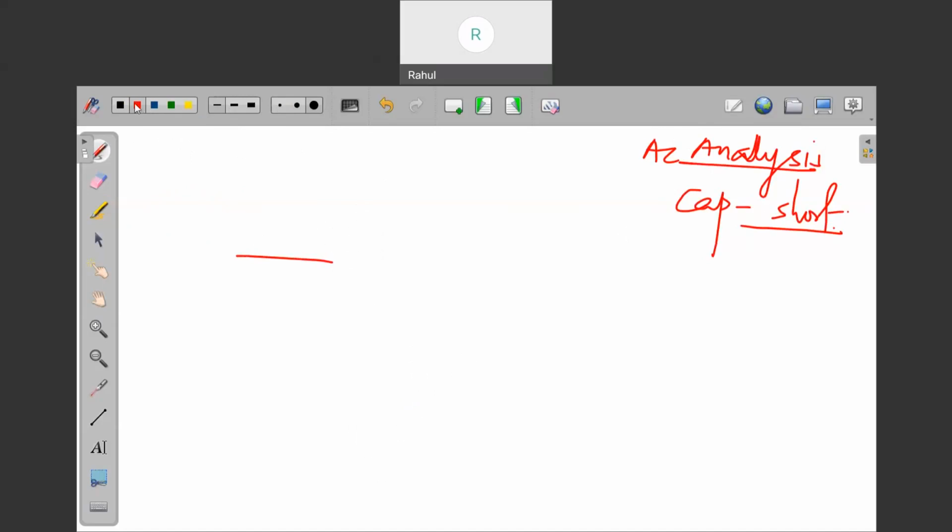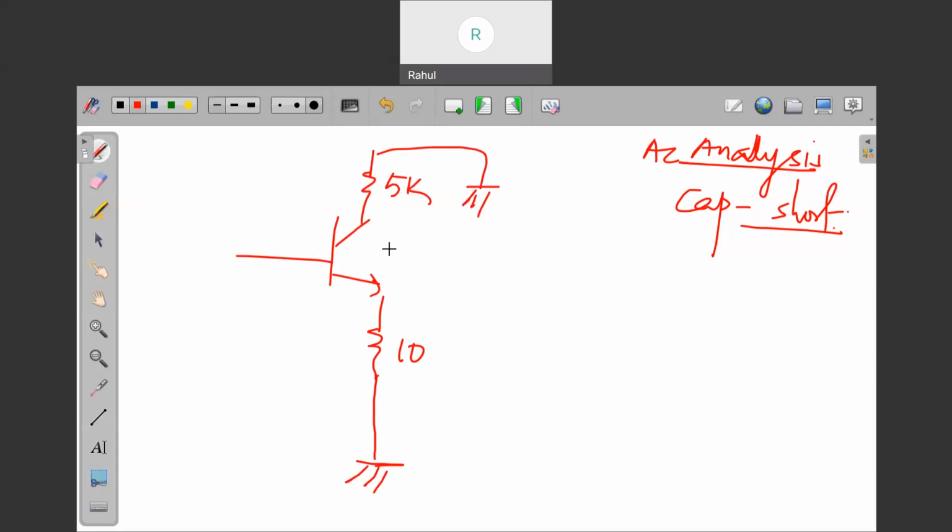And beta is high, which means you can neglect RB as well. So you can directly write this. This is 10. And there is a 5K, and this guy is grounded.